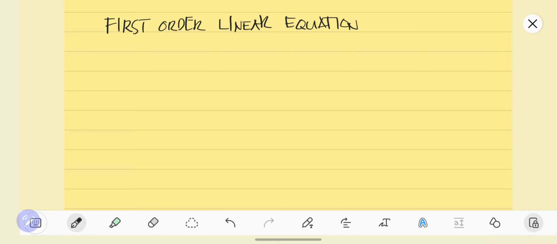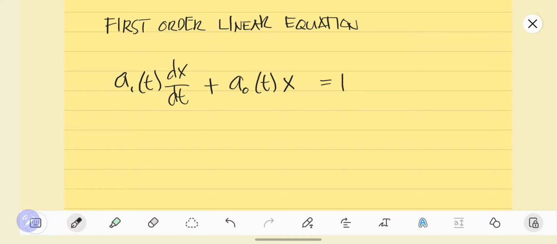First order linear equation. A first order linear equation can be written as a sub 1 of t dx over dt plus a sub 0 of t x is equal to e of t.